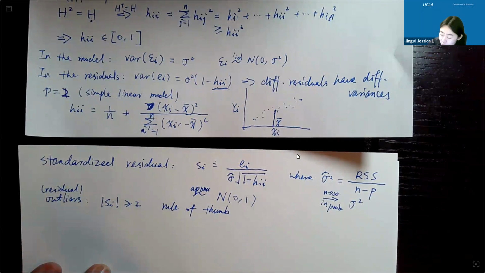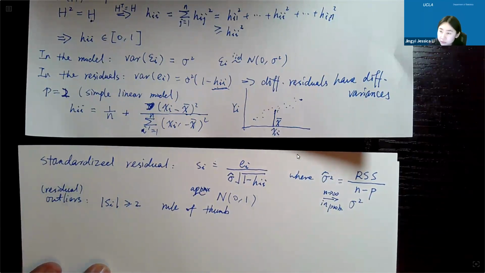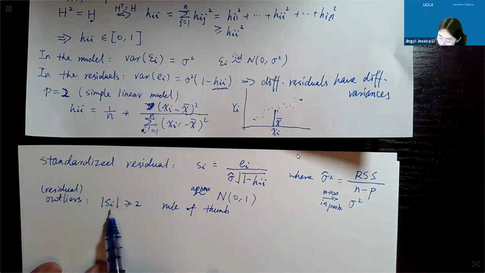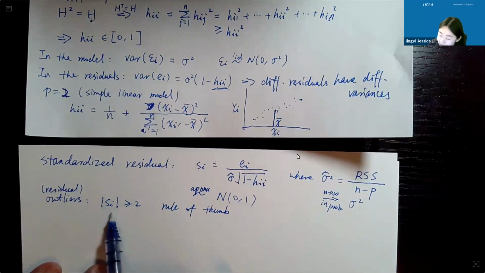And those outliers will affect your estimation for this variance term. So a more reasonable way to think about this is that if I want to check whether observation i is an outlier, I should not include it in the estimation of the variance.